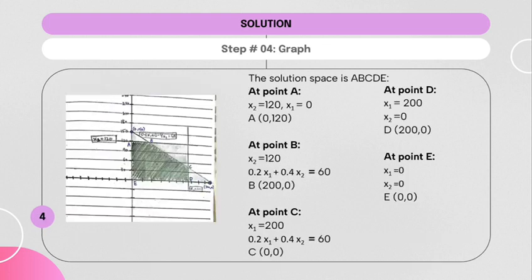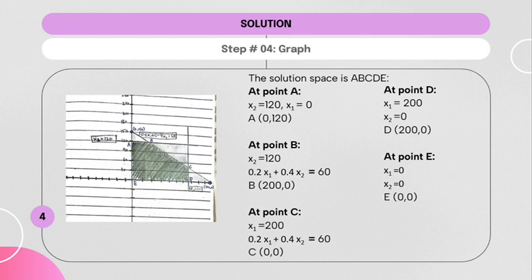Now we have plotted all the values and drawn lines on the graph, and by examining the solution space we find that at point A we got 0 and 120, which represents all of the space allocated to Wheatie.